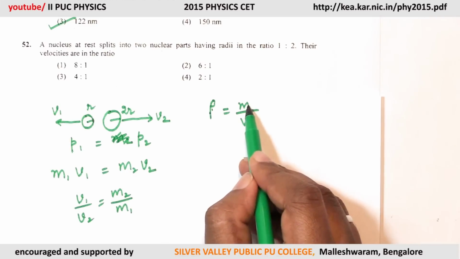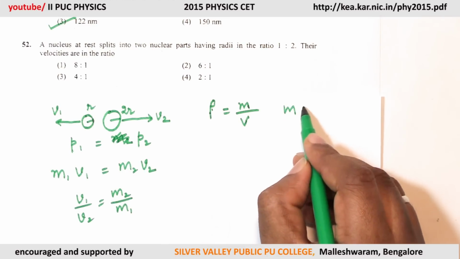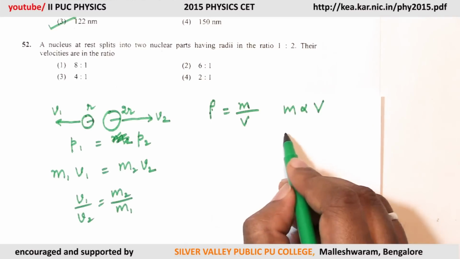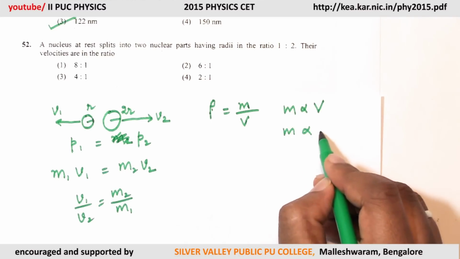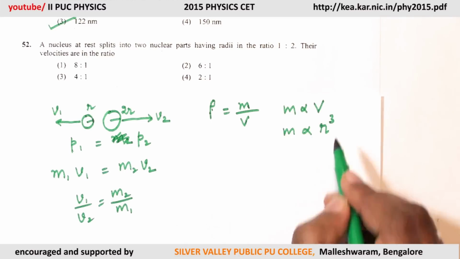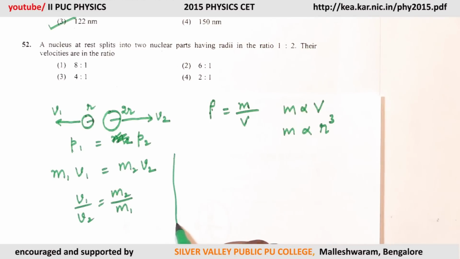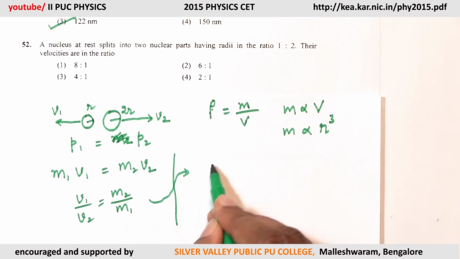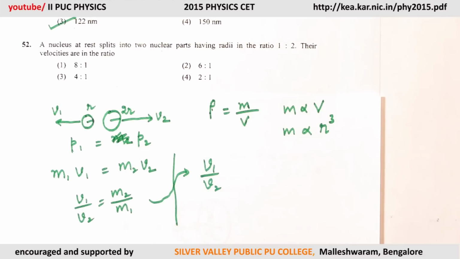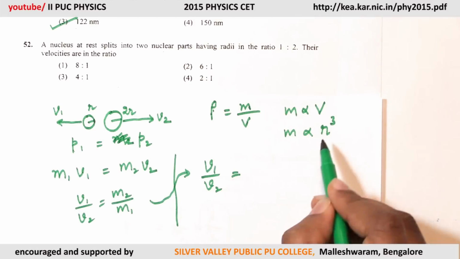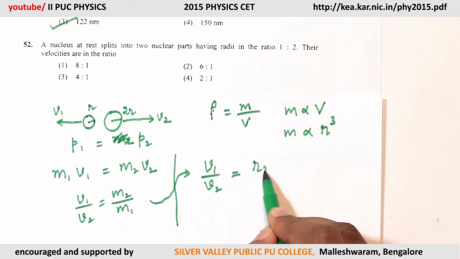Density is constant means these two are directly proportional. Mass is proportional to volume and volume is proportional to R cube. Therefore, this equation becomes v1 by v2 equal to m2 is R2 cube.